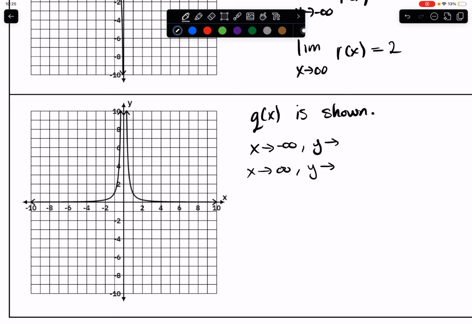Well, we just have to identify where the boundary line is. And right here, if we look from both the left and the right, they're getting closer and closer to this horizontal line, which is on the x-axis. Well, the x-axis is the y value of 0. So on the left side and the right side, the y values are getting closer and closer to 0.